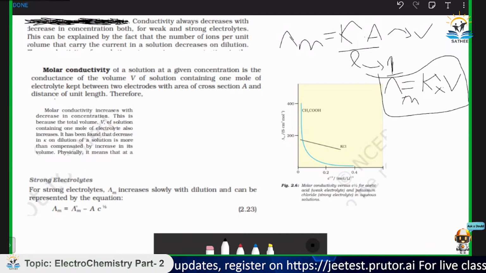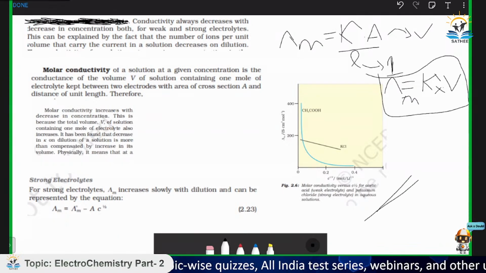With decrease in concentration your kappa decreases but your volume increases. Experimentally, the decrease in kappa is much lesser than the increase in volume, so your molar conductivity increases with decrease in concentration.